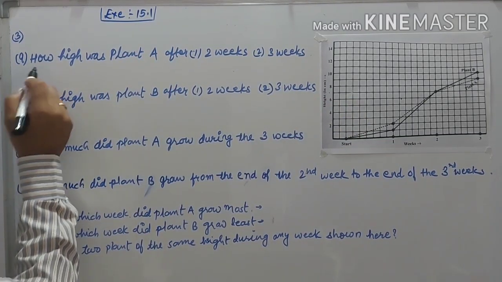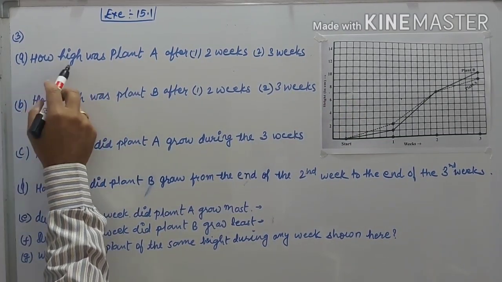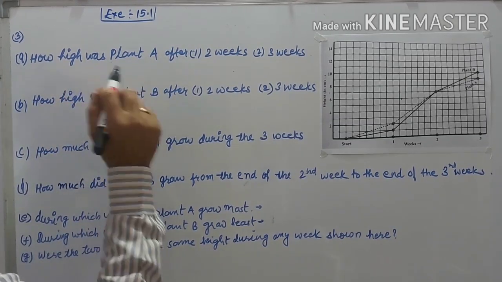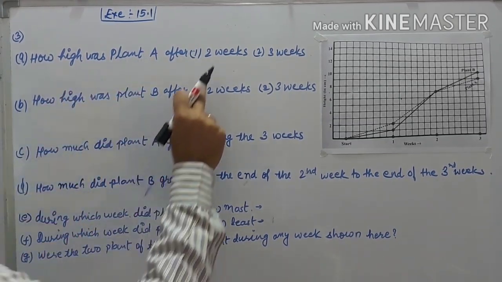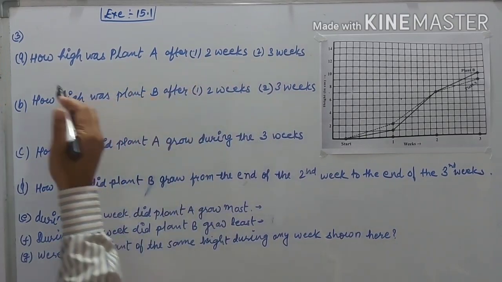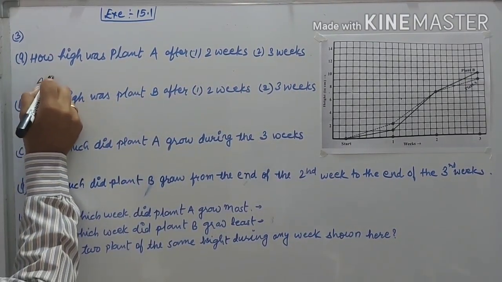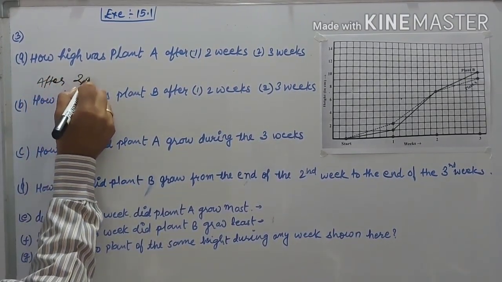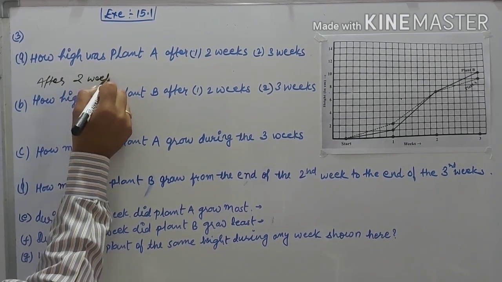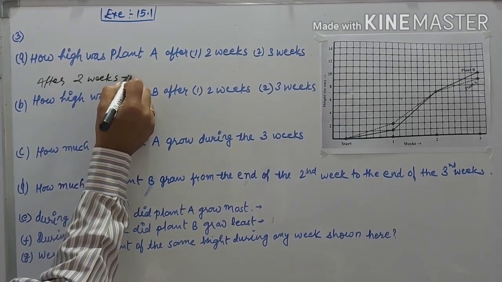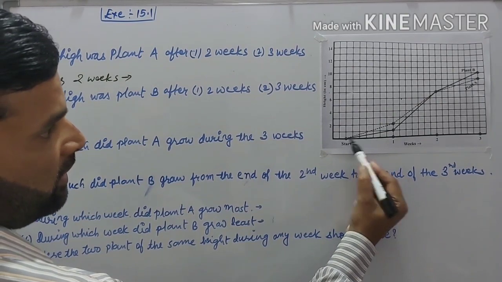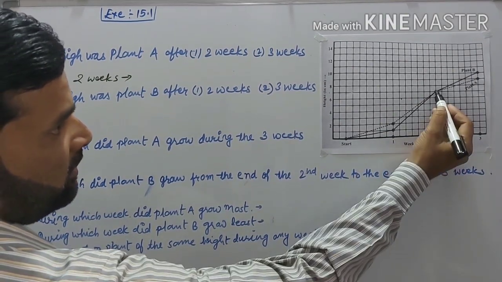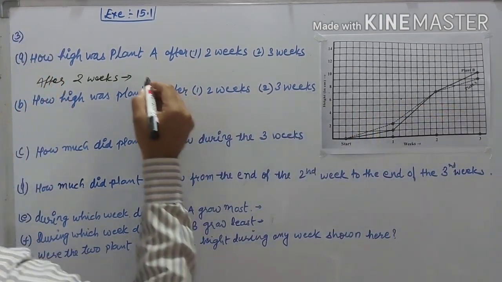The first question is how high was plant A. You only look at plant A after 2 weeks and after 3 weeks. After the second week, the height is 7 centimeter.